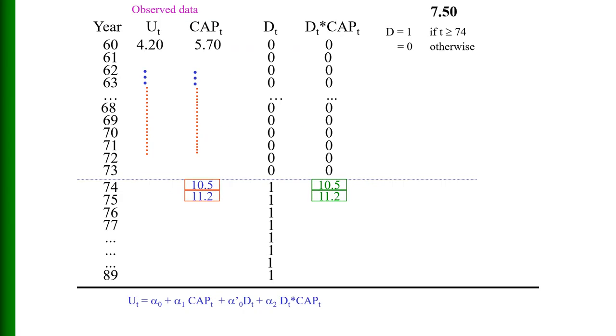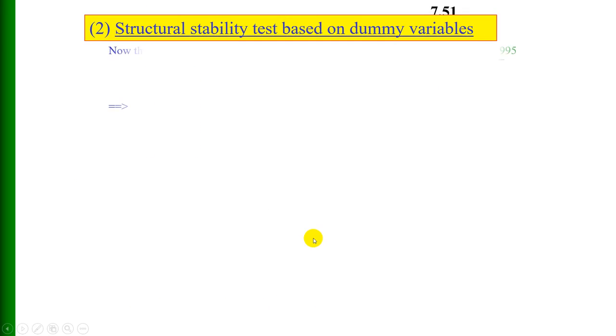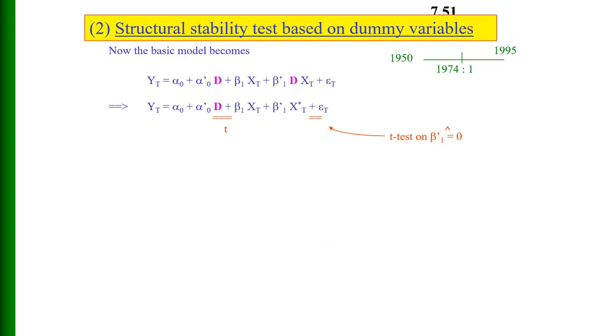Here this is the observed data, this is the multiplicative term. Now the basic model becomes this: yt is equal to alpha naught plus alpha naught prime d plus beta 1 xt plus beta 1 prime d times xt plus epsilon t, and so on.